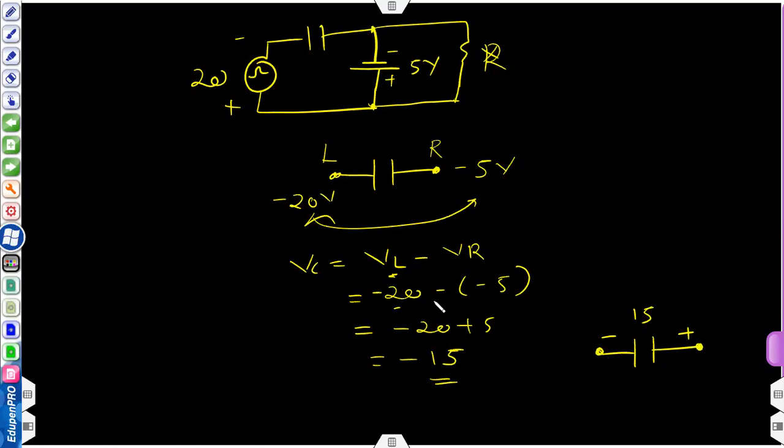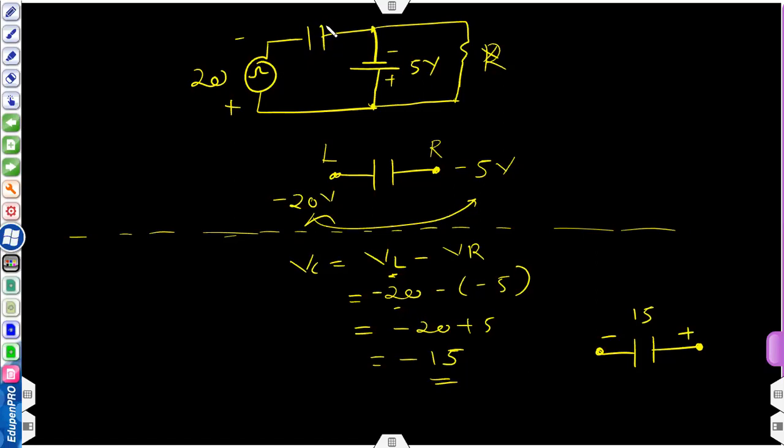Okay, also you can just apply common sense that this minus 20 volt will force the negative charge to accumulate on this left hand plate, and as a result the same amount of charge should be accumulated on to the right hand plate.